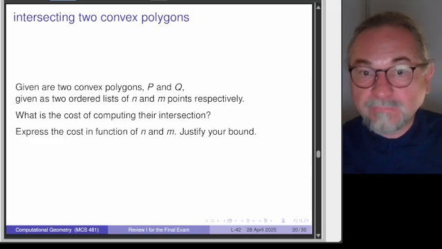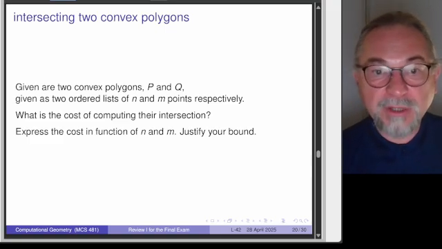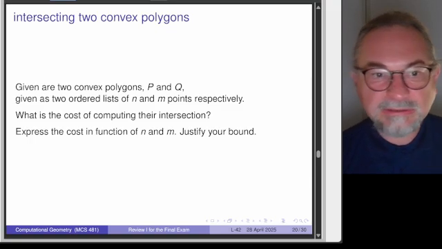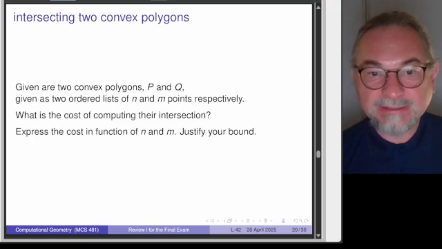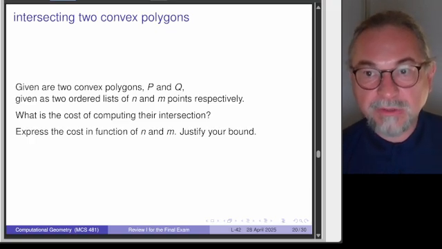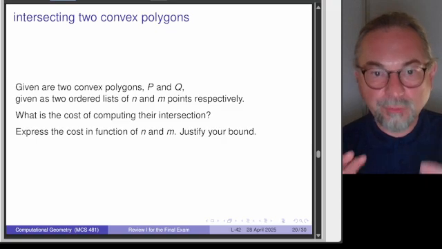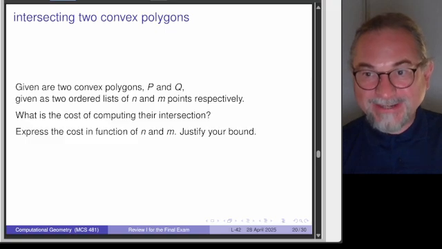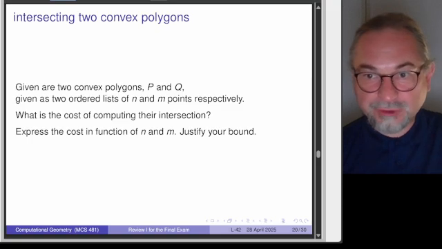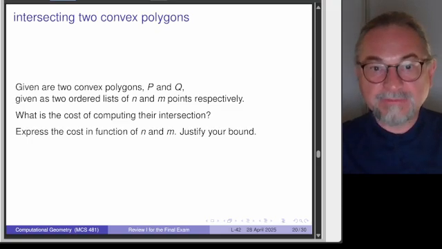Assume that these two convex polygons are given by two ordered lists. What is then the cost of computing their intersection? We are going to compute a new ordered list of points by considering the convex hull of the first polygon and the convex hull of the second.